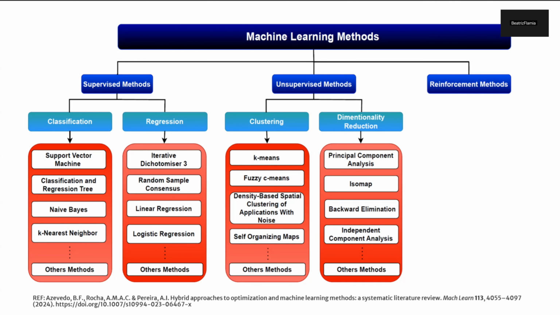The box inside the red one is the most well-known algorithm of each class. For example, in terms of clustering, k-means is the most famous in the literature. We have others used in some specific contexts, but normally k-means is the first option because it's the easiest to be coded, and it exists in all languages, Python, MATLAB, and so on.